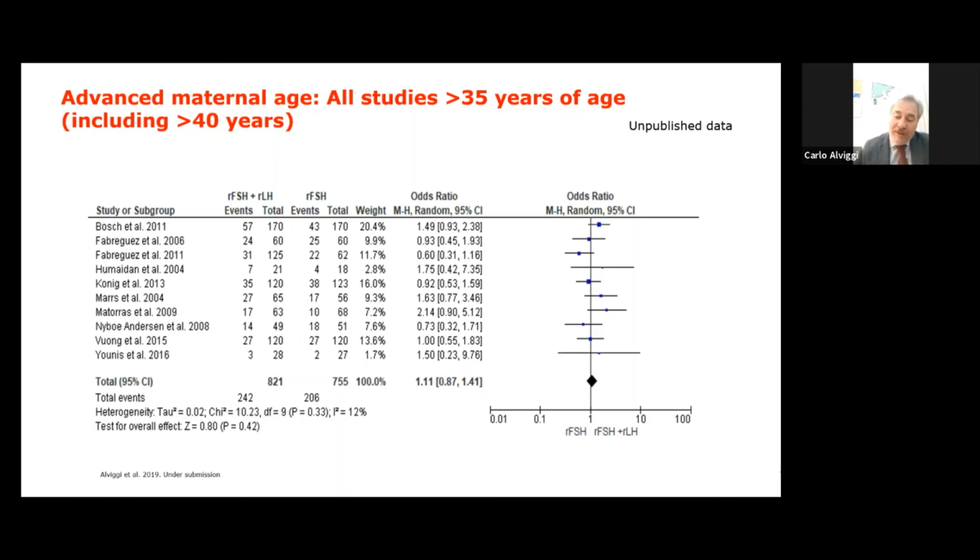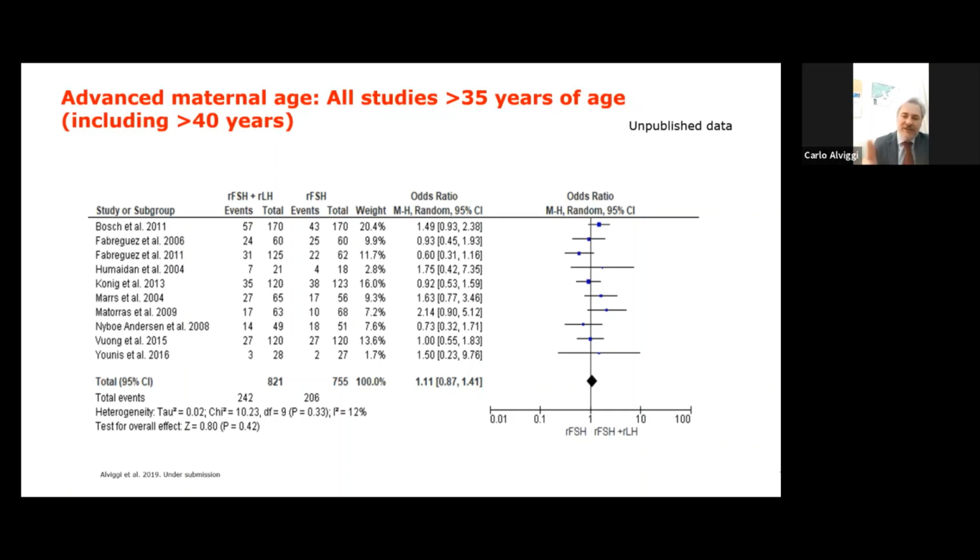But if you go beyond 40, even modifying this aspect, the impact of aneuploidies is too high to let you see an effect of LH. So it doesn't mean that it doesn't work. It means that if you want to see an impact of LH in patients above 40, you probably need a huge sample size. So I finished.